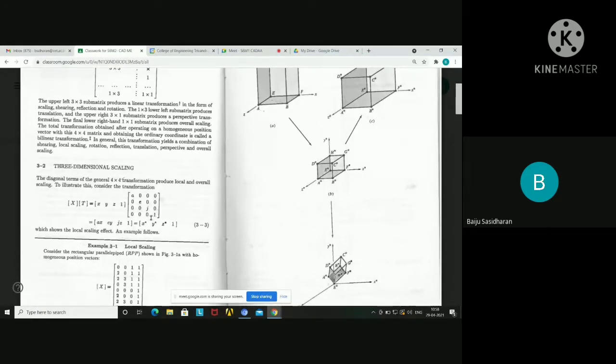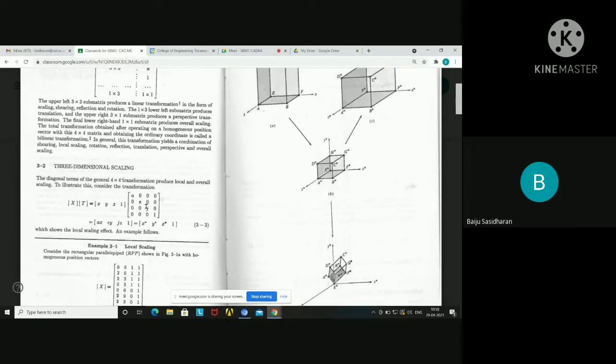But the term responsible for overall scaling will be there, that one is there. Therefore, it is very easy to remember. See, this 0, 0, 0, 1. Here it is 0, 0, 0, 1. And for this 3 by 3 matrix, the diagonal terms are present and the off-diagonal terms are zeros. Therefore, this represents the transformation operator for scaling.